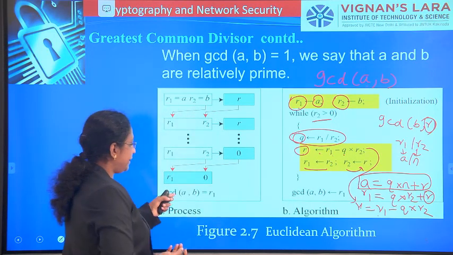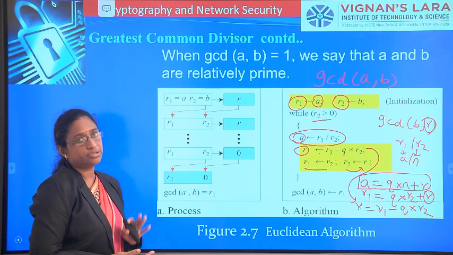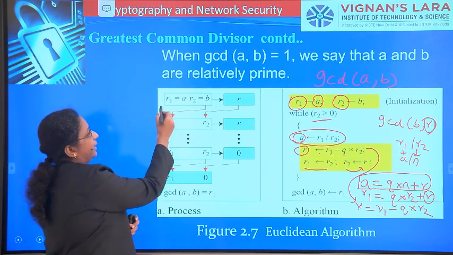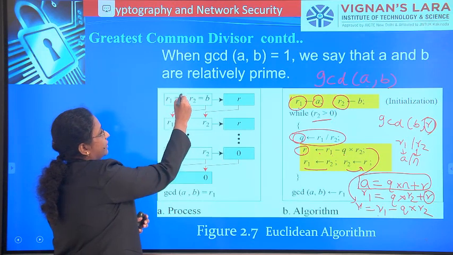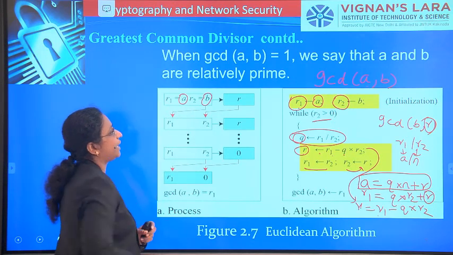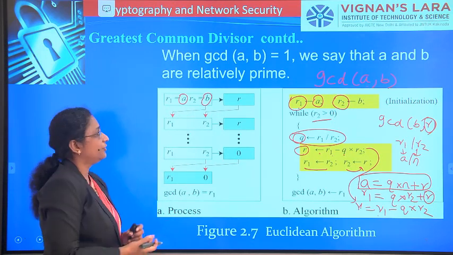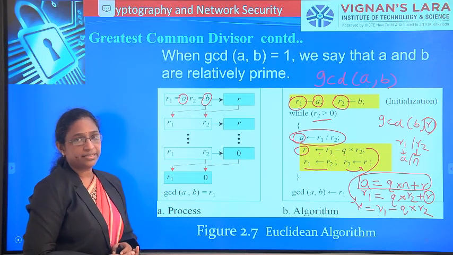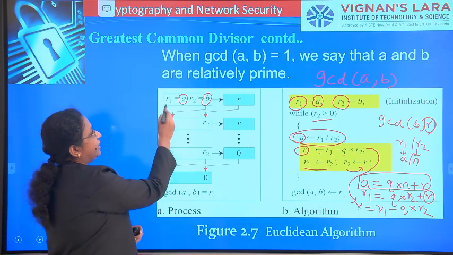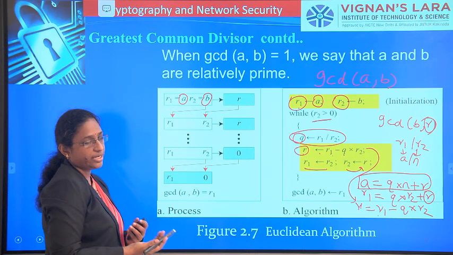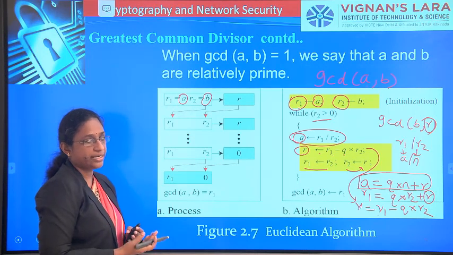Similarly, there is a process given here, like a flowchart. Suppose these are the two integers A and B for which we want to calculate the GCD. We take two variables, R1 and R2.